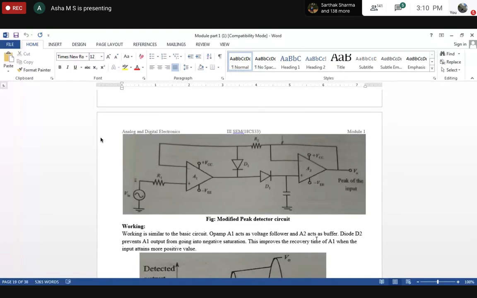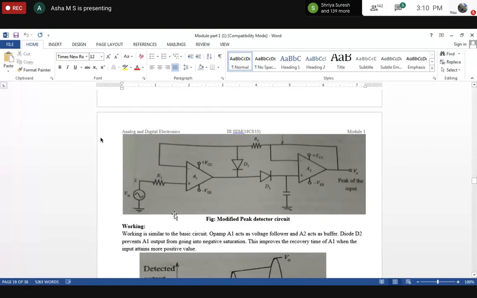Whenever the input goes more positive than the detected peak, the capacitor charges, and whenever the input starts falling, this diode D1 gets reverse biased. Fine, so the same operation will happen here also.